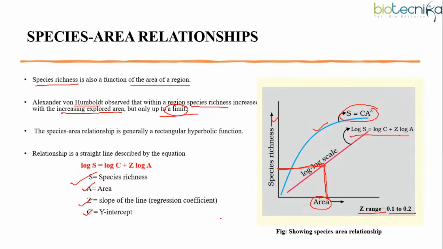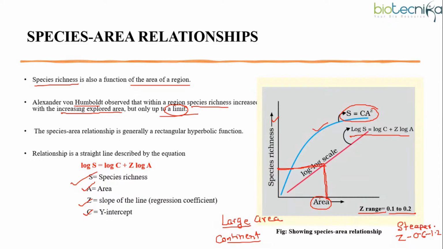However, if we analyze the species area relationship on a very large area, like a continent, the slope of the line is much steeper, and the Z value will lie in the range of 0.6 to 1.2.